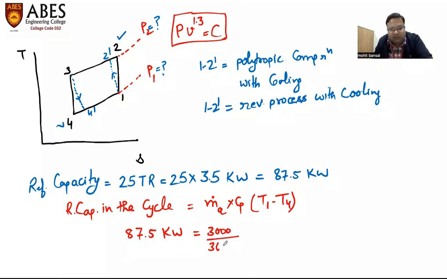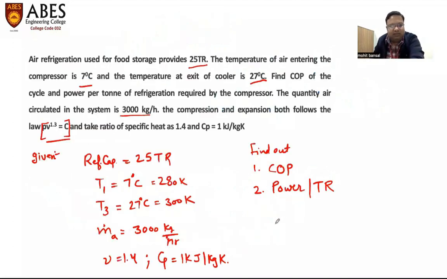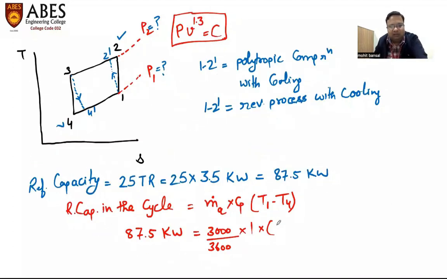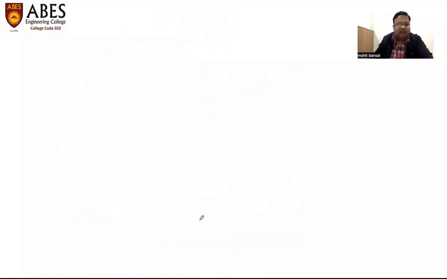So 3000 divided by 3600 into Cp, that is mentioned as 1, and T1 is given to us as 280 Kelvin minus T4. On solving this, T4 comes out to be 175 Kelvin. Now this T4 is available to us.